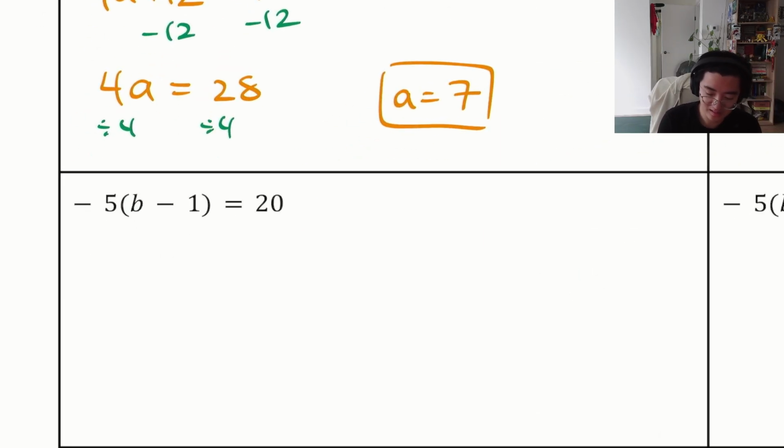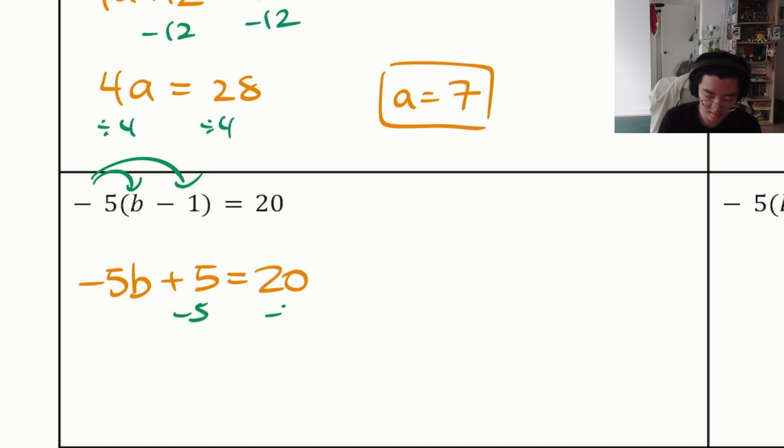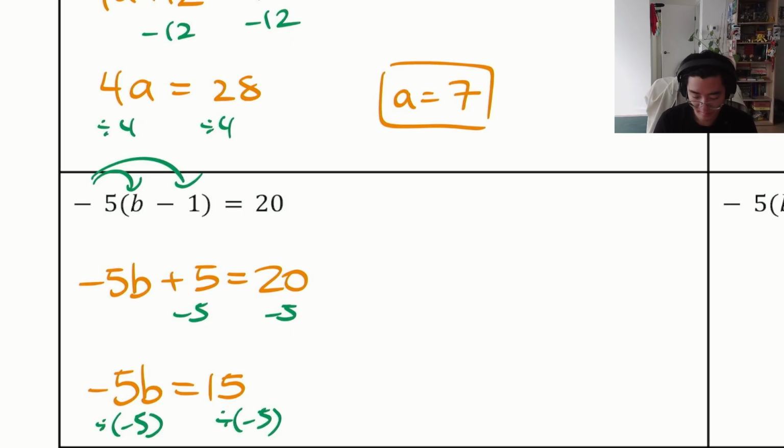Okay, next one. Once again, let's expand everything first. Negative 5 times b is negative 5b. Negative 5 times negative 1 is positive 5. So 20. Isolate this guy. Divide by this guy. B is negative 3.